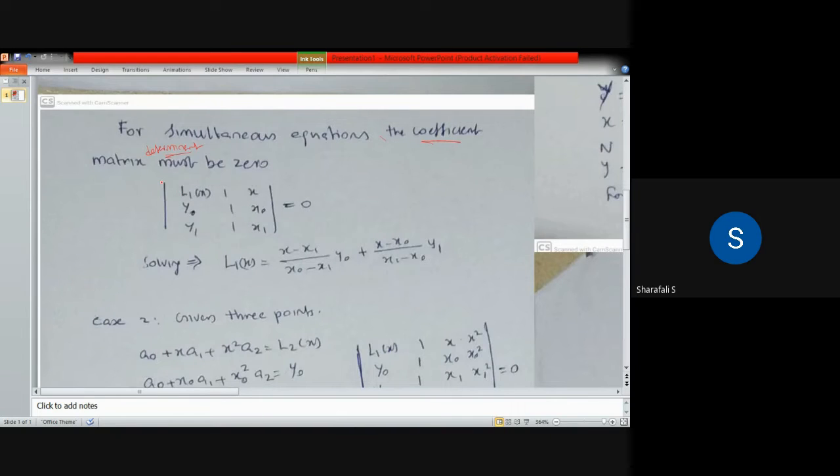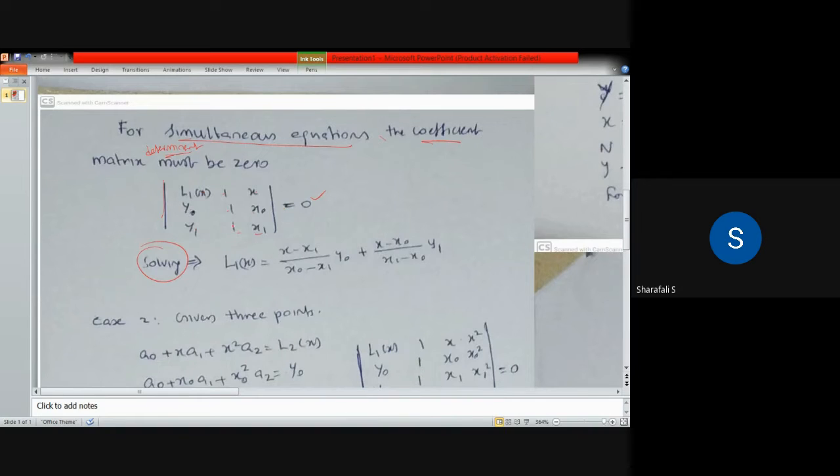Taking the determinant of the coefficient matrix, we can write the determinant of [L1 of x, 1, x; y0, 1, x0; y1, 1, x1] equal to 0. If you solve this particular matrix, which is equal to 0, why is it equal to 0? Because we are considering those simultaneous equations, and for simultaneous equations, the determinant of the coefficient matrix must be equal to 0. That is the condition.